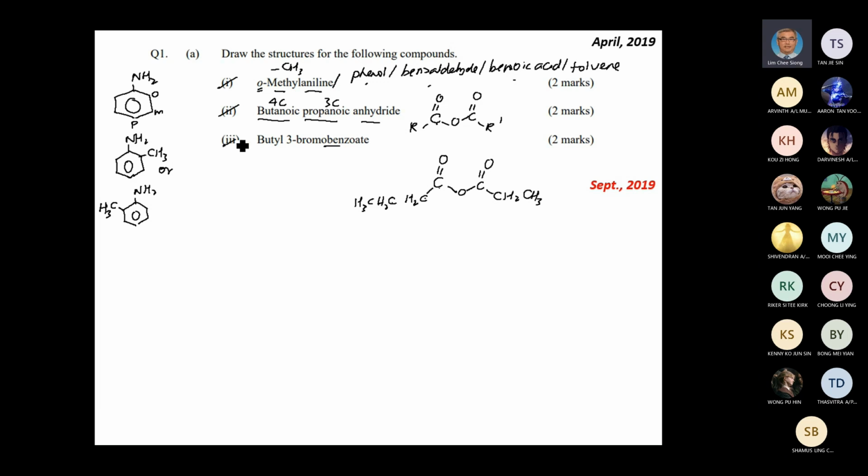Now we go to number 3. Number 3, you refer to here: butyl followed by benzyl OH. So in your mind, you know this is under ester. An ester should be formed by 2 parts. The first part we call hydroxyl here, the alkyl part. Then followed by 3-bromobenzaldehyde. So this one refers to what? It refers to the carboxylic part.